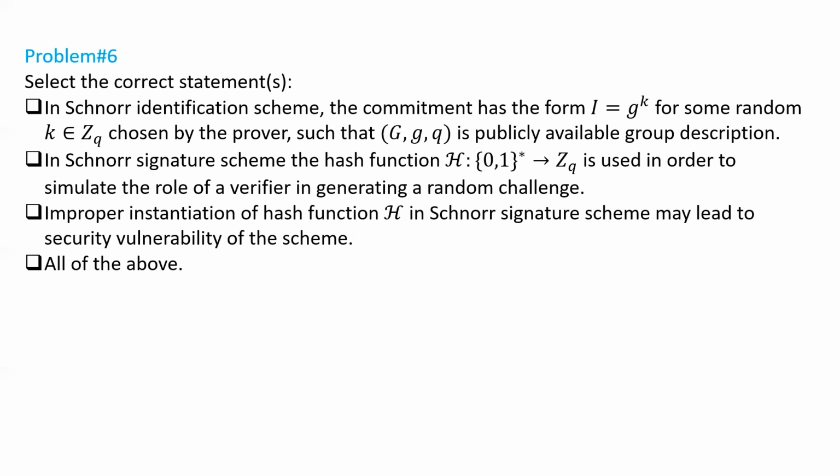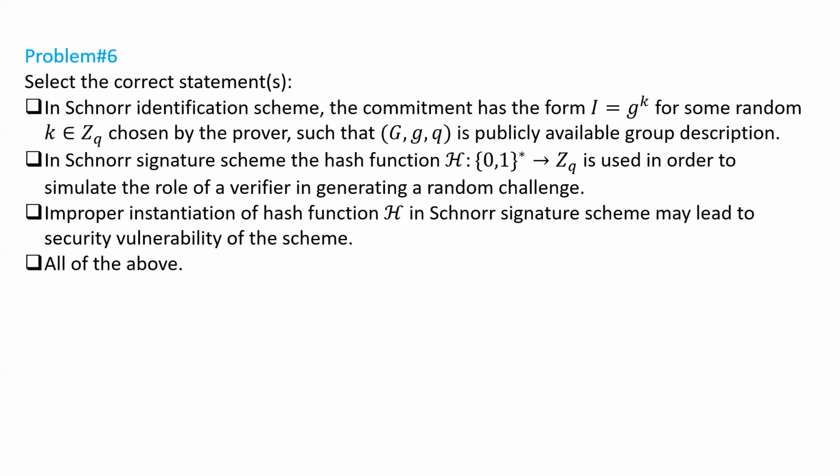Just now I discussed that the hash function takes as input the commitment I and the message M, in case of signature scheme, and the output of this hash function should appear to be random so that it can be used as a random challenge as if generated by some verifier itself. But it is actually generated on the signer side of the digital signature scheme.